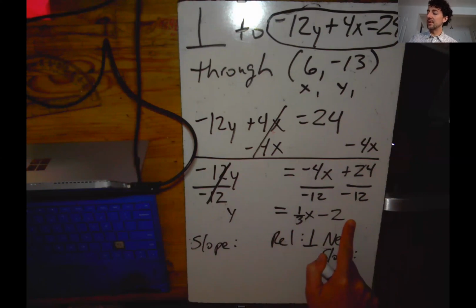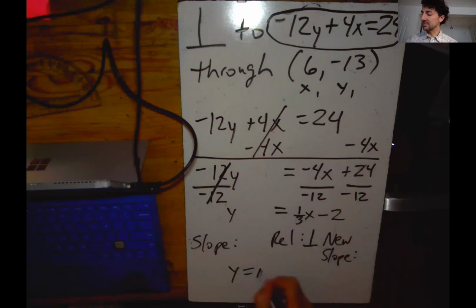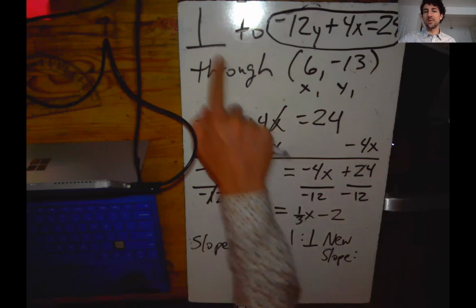Now, if I think about y equals mx plus b, the most common way to see it, I see that the coefficient of x, the slope, is 1/3. So now I know the slope. The relationship was given at the beginning of the problem as perpendicular.